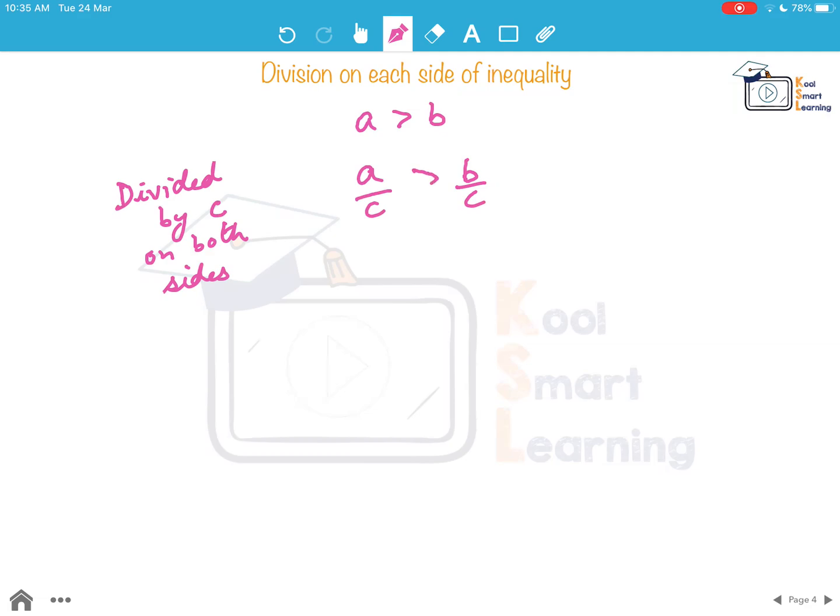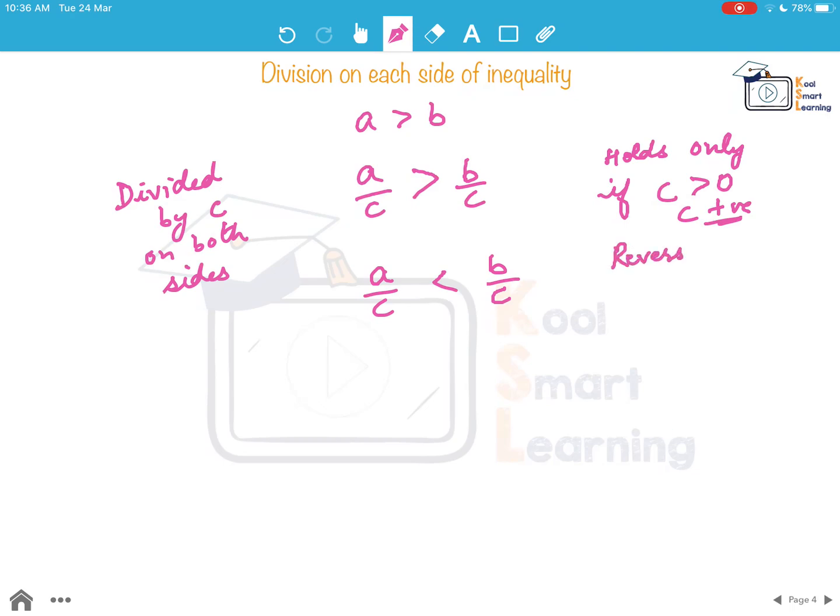Now A by C will be greater than B by C. So we'll say it holds only if C is positive. C is greater than 0 means C is positive. If C is negative, then A by C will become less than B by C. So the inequality reverses if C is less than 0 or C is negative.